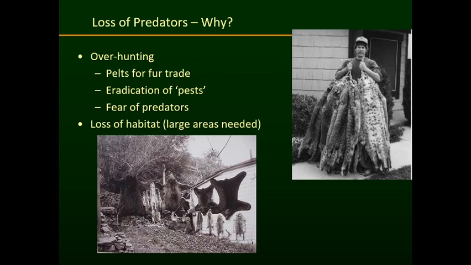Sometimes we did it deliberately by hunting them for their fur. Keep in mind, back before the age of industrial agriculture and cotton production and synthetic fibers, people did rely on animal furs for staying warm.